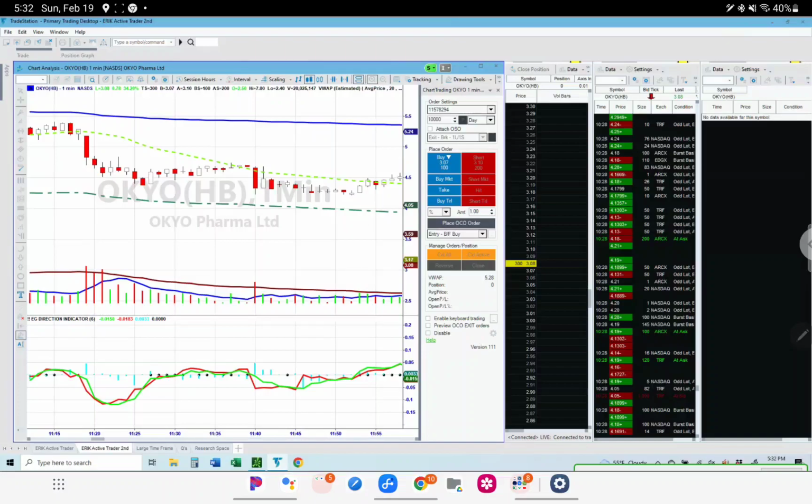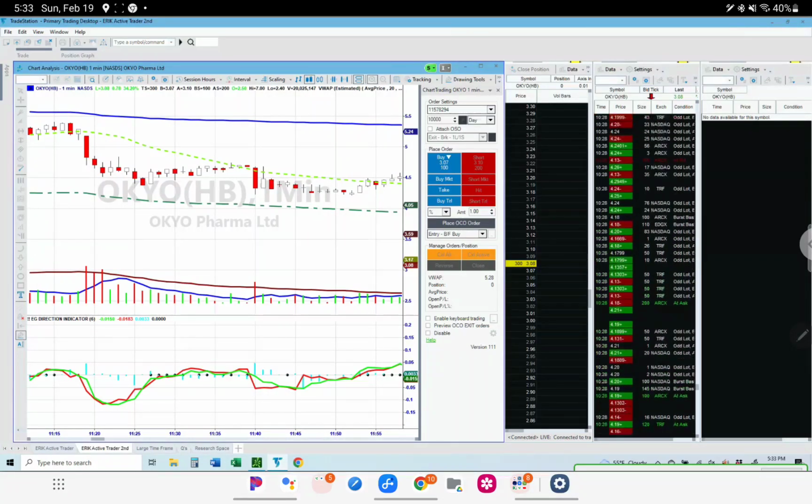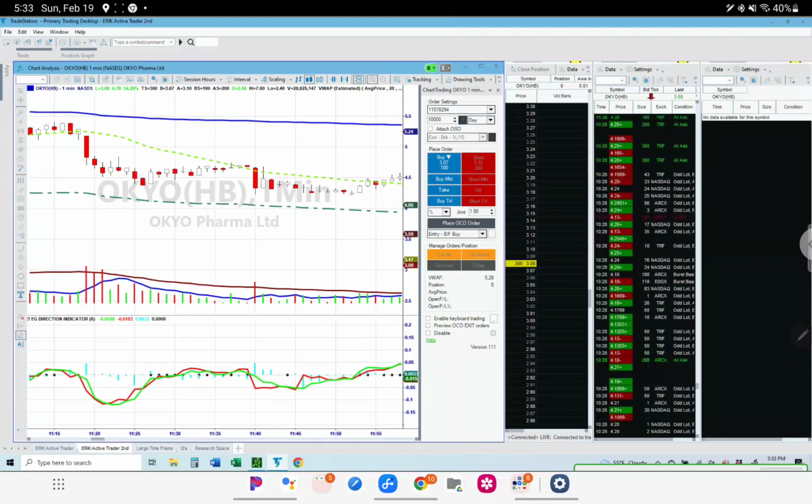Because over here, where you see the lower volumes, we're not necessarily seeing that. To me, that's not saying that larger money is willing to buy. Okay.